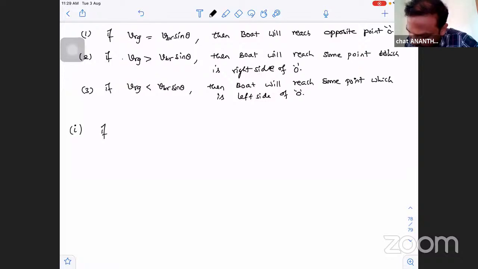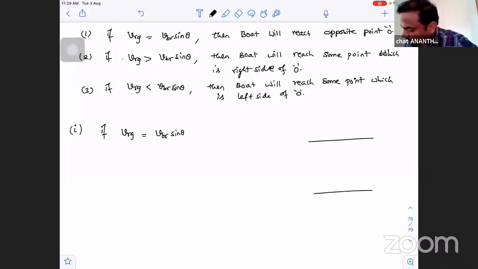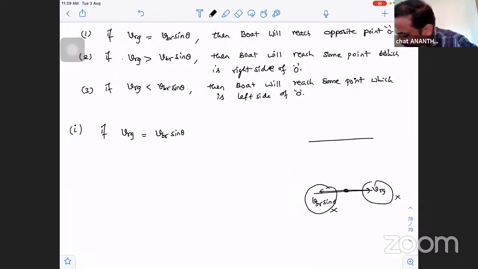In the first case, if VRG is equal to VBR sin theta, that means VRG is rightward and VBR sin theta is leftward. Both velocities are equal and opposite, so they cancel each other, and the boat won't move rightward or leftward.